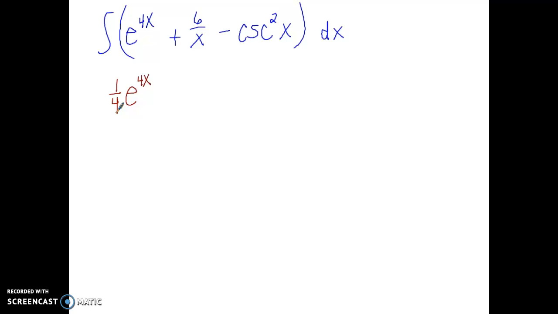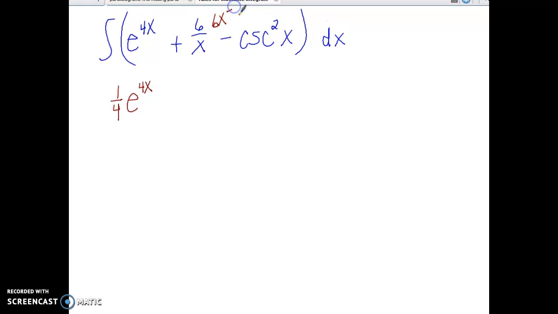My next term, if I were to rewrite this, this means 6x to the negative first. I won't be able to do that using our regular rules because it would be undefined. That's one of our special cases. So I still have my coefficient of 6. X to the negative first integrated is the natural log of the absolute value of x.